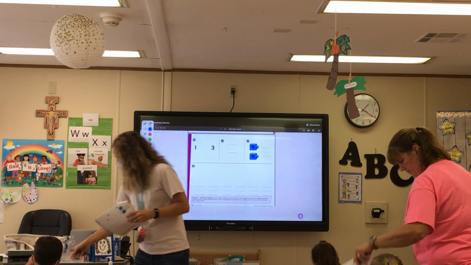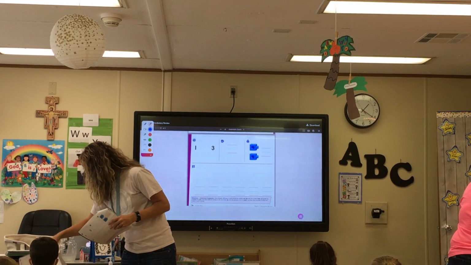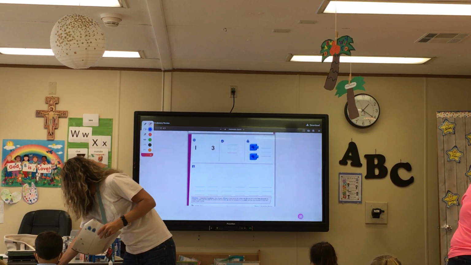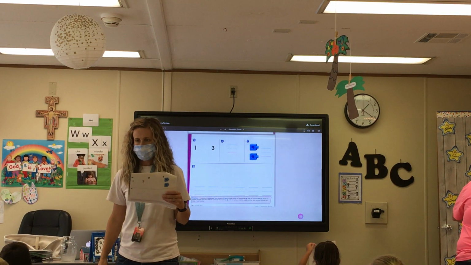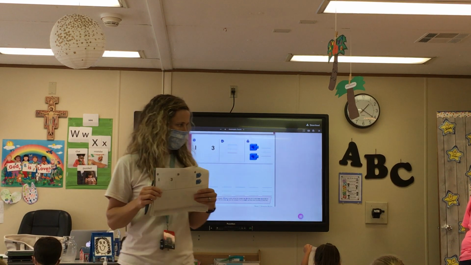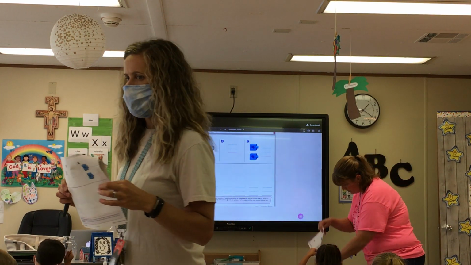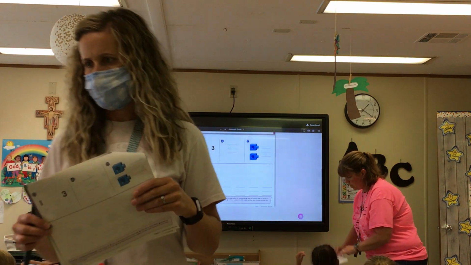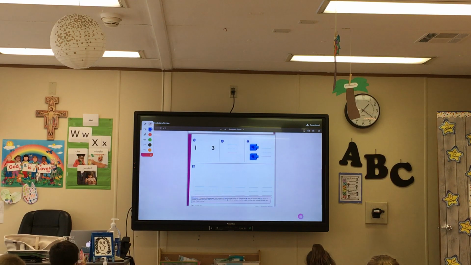Perfect, you got it. No, I said lift and turn this page. Okay, everyone's here? Good. Just with a pencil. Yep, that one's right. There you go. And flip it over. Good job.